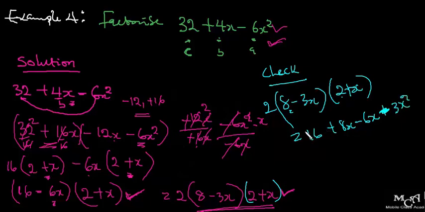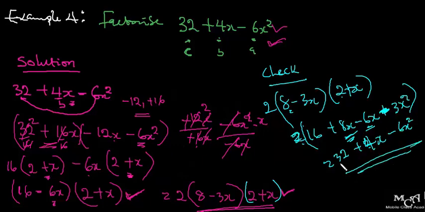Remember, we have 2 outside, so let's multiply everything by 2. 2 times 16 is going to give me 32. Plus 8x and minus 6x will give me plus 2x. This plus 2x times 2 is going to give me 4x, right? 2 times minus 3x squared will give me minus 6x squared.